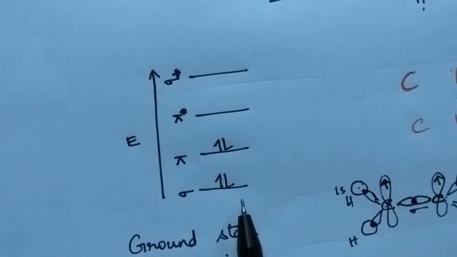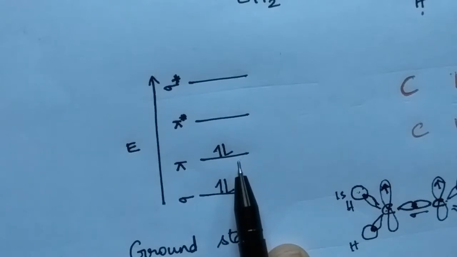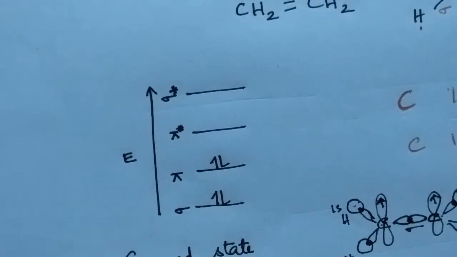Since it has 4 electrons, 2 electrons will be occupying the sigma, and the 2 electrons will be occupying the pi. So in the ground state it will have this particular configuration.